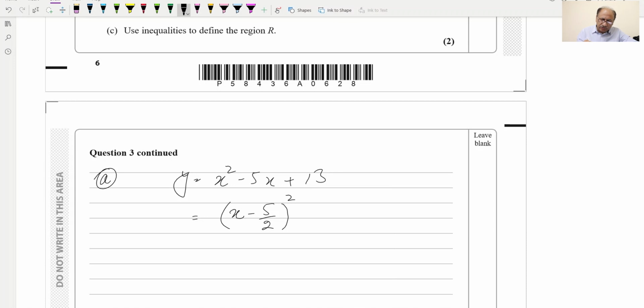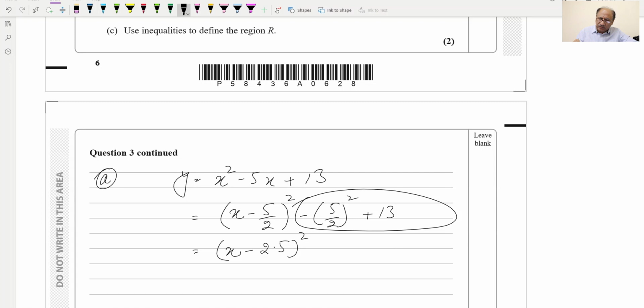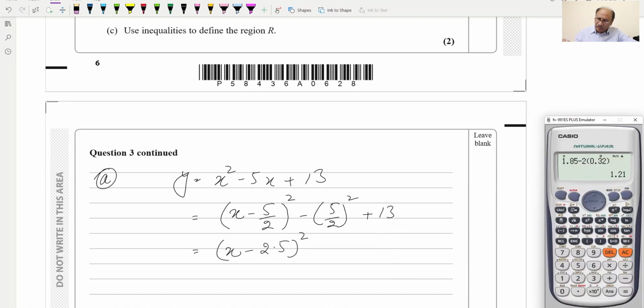So this will be squared, minus whatever is written here, 5 by 2, squared, and keep in mind this is always minus, and then the tail portion plus 13 we will write over here, and we can simplify. This will be x minus 5 by 2, meaning 2.5, so x minus 2.5 squared.